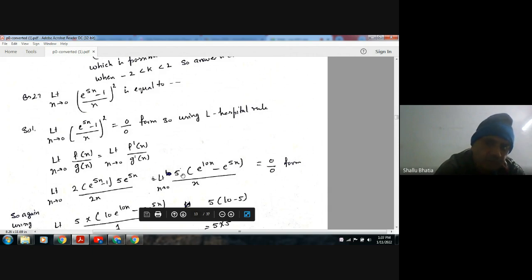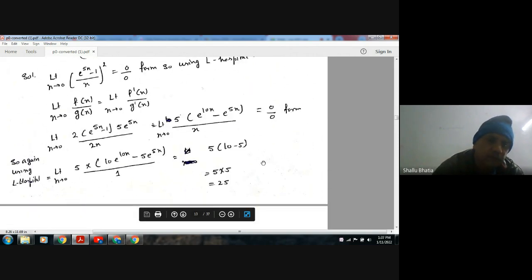Now 5 times 2 we can take, so 5(e^(10x) − e^(5x))/x. Again it is 0/0 form.